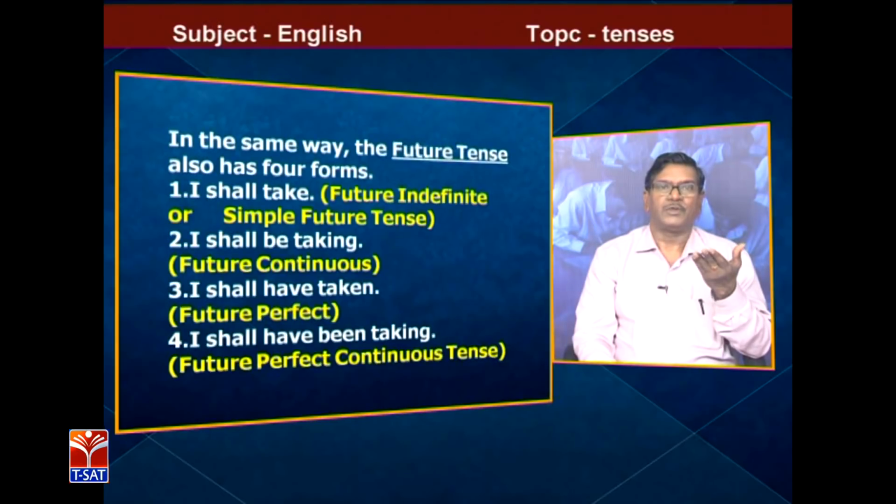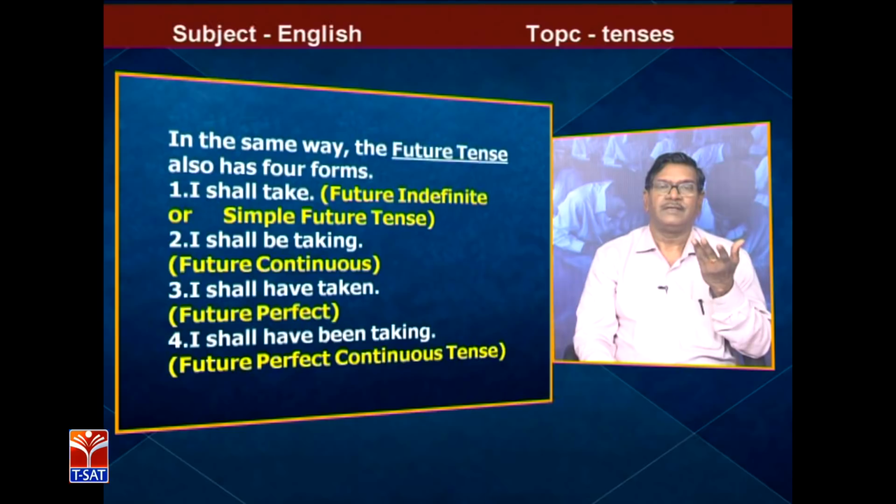In future tense also we have got 4 forms. What are they? Future indefinite or simple future, future continuous, future perfect, future perfect continuous. What are the forms? I shall take. Take is the main verb. Shall is the helping verb, or will.